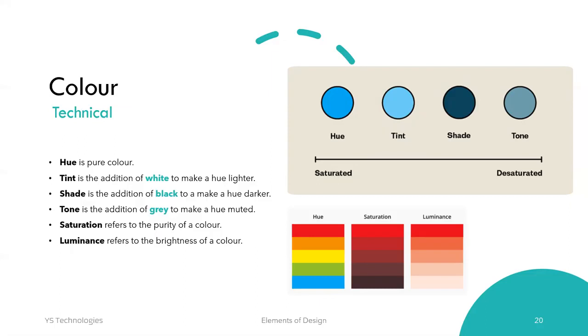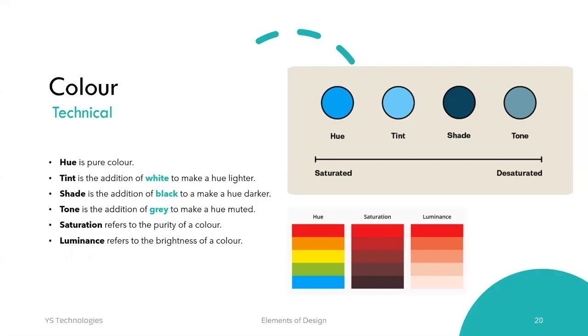Now, if you select one hue without adding any other primary color, you can create changes to it. How can those changes be made? Number one, if you add white to a hue, you make it lighter. You're creating tints of that hue or color. Hue and color can be interchanged.